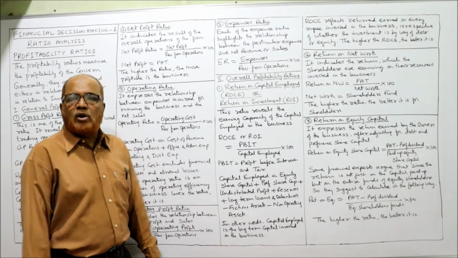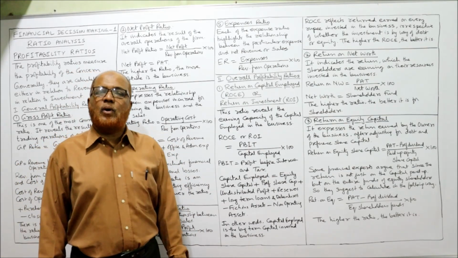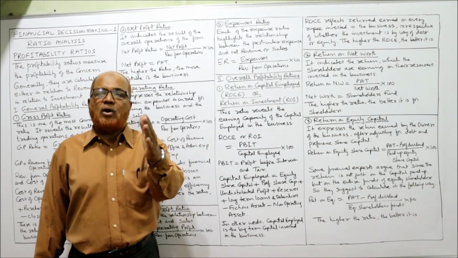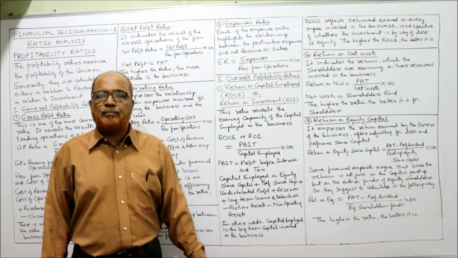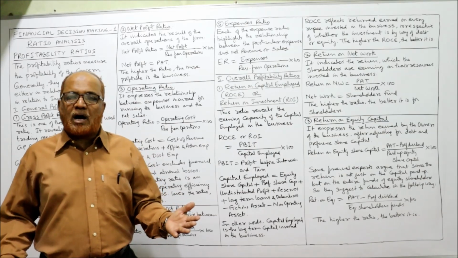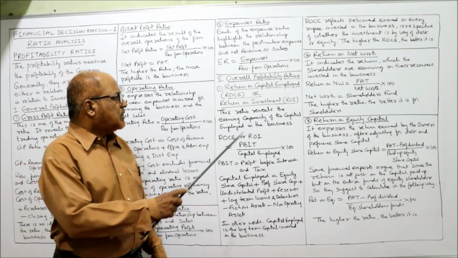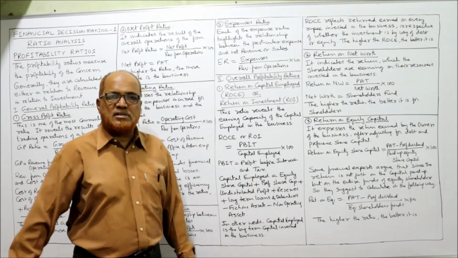The first overall profitability ratio is return on capital employed, ROCE, or return on investment, ROI. Both mean the same. We can call it ROCE or ROI. This ratio reveals the earning capacity of the capital employed in the business.